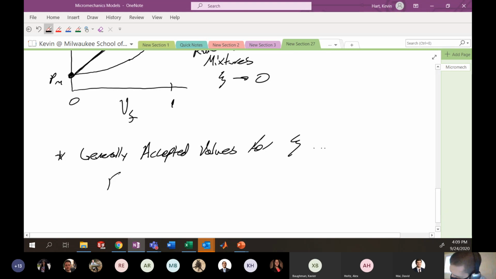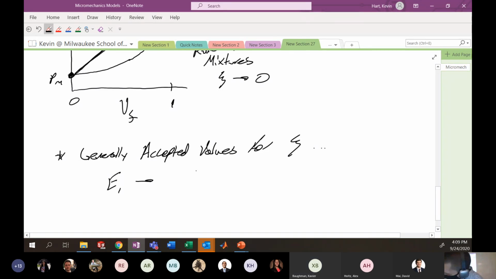If you're trying to calculate the modulus in the one direction, you more or less want to use the parallel model, which would mean that we would say that xi is what value? What value of xi for the parallel model? Not everybody at once. Infinity.